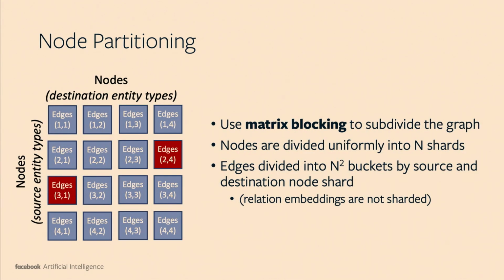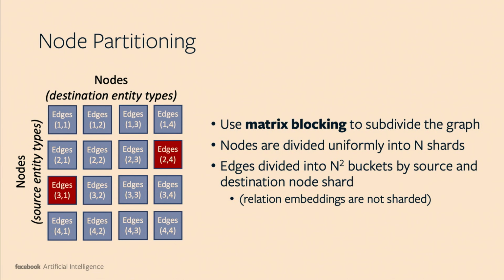So the main approach we take with PyTorch-BigGraph is similar to many ways of speeding up graph algorithms, which is you do a matrix blocking to subdivide the graph. So what you do is you take every node and you pick some way of sharding them into n groups. You could just say you uniformly assign an index 1 through n for each node.